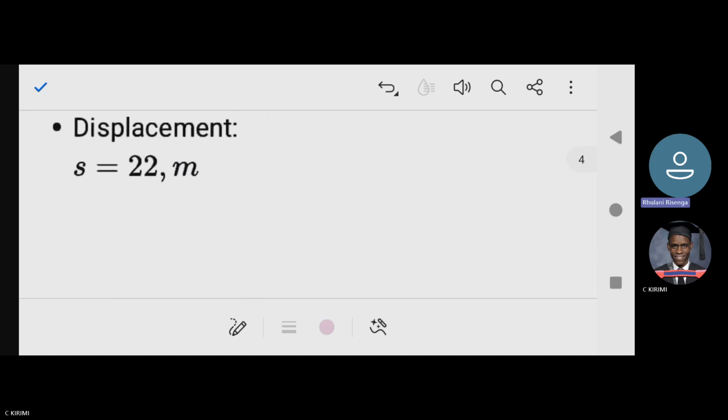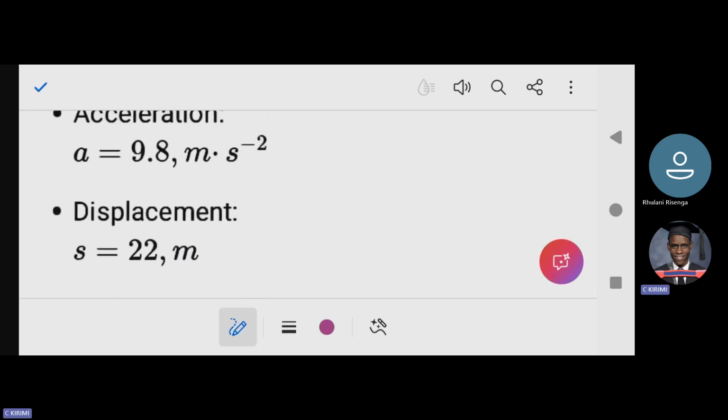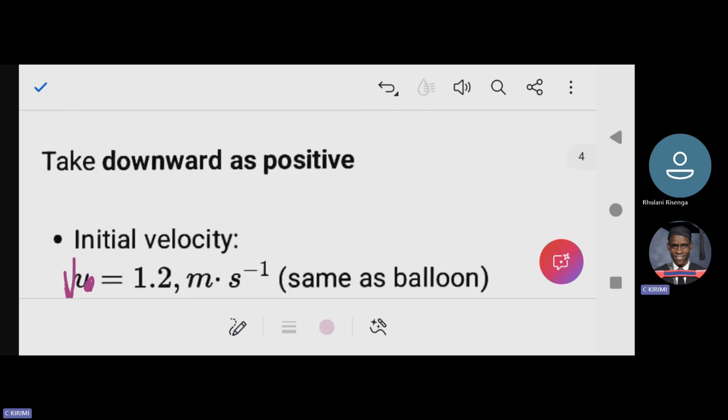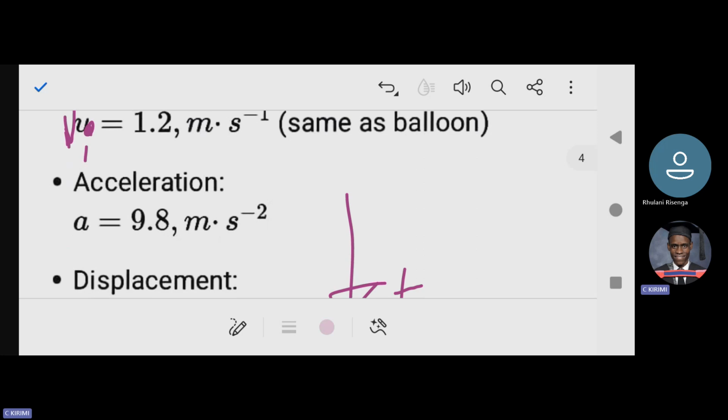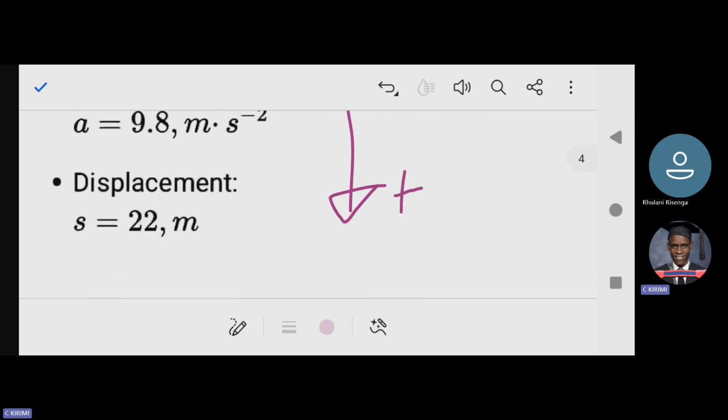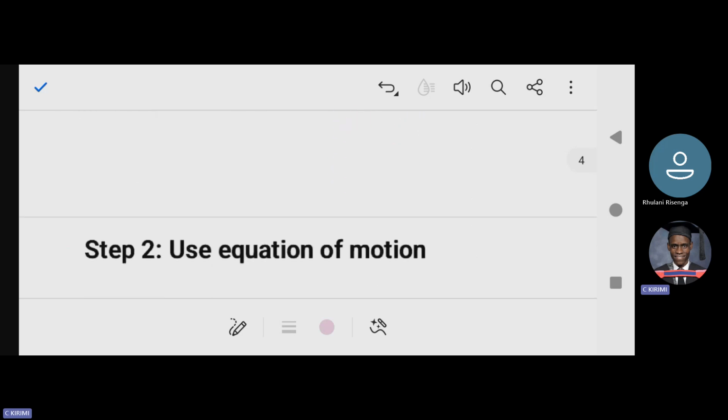Okay. So here they took which side? Downwards is positive. So vi is now positive, acceleration is now positive. The distance, since it was going up, the distance was below, which means the distance is also now positive.